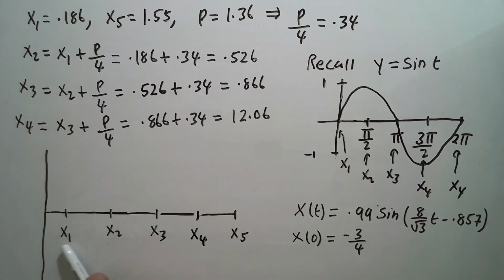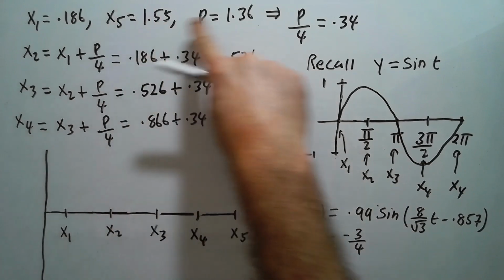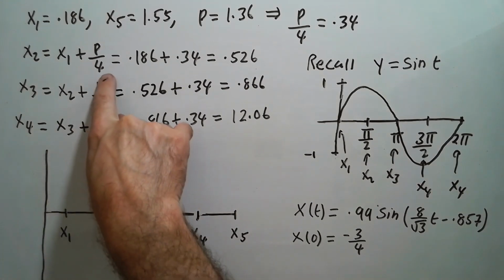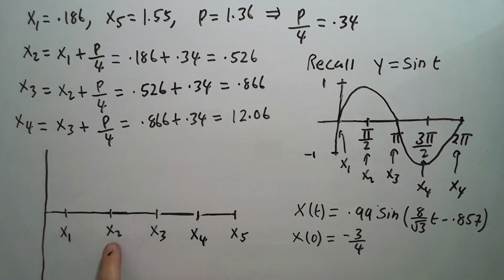Okay, so I've put my x's, x1, x2, x3, x4, x5 here. So they're all equally spaced. I'm just going to write them as x1, x2, x3, x4, x5. Then I put my y-axis over here. Now, the spacing between x1 and x2 is the period over 4, so it's the 0.34. That's the spacing between x1, x2, and x2, x3.